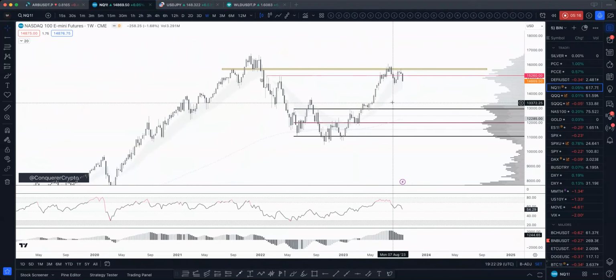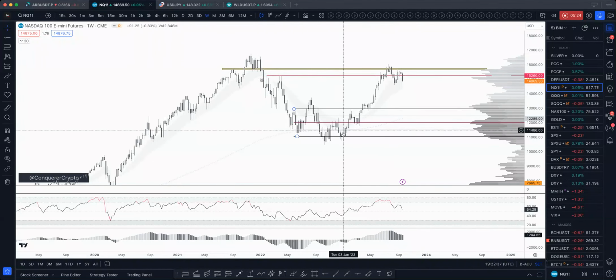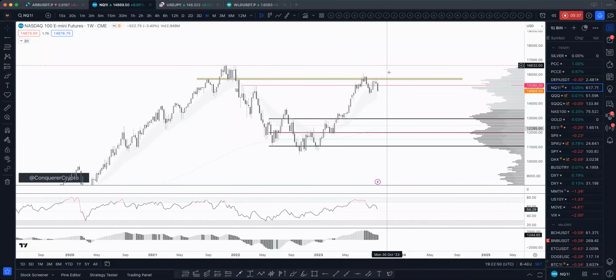Actually, what we've seen in dollar, Nasdaq actually confirms that, right? It has had an amazing year 2023, but this looks like shit, basically, in two ways.